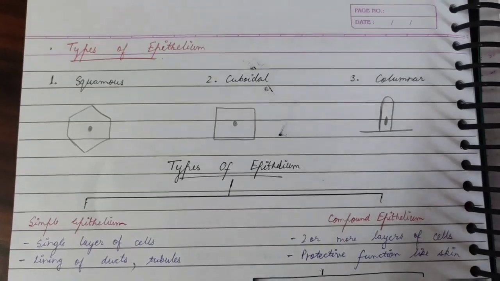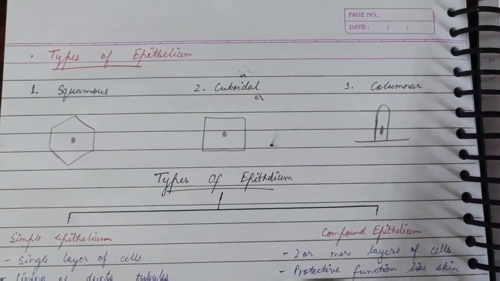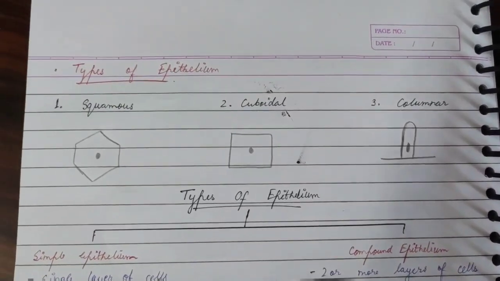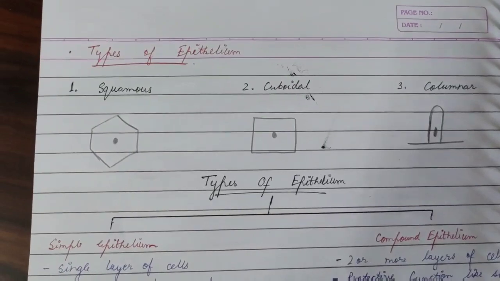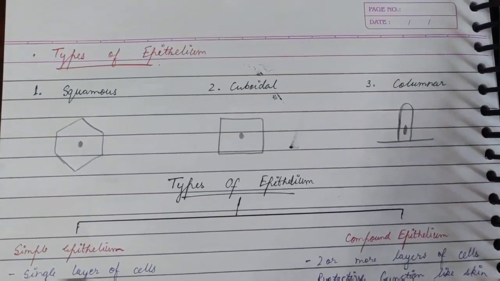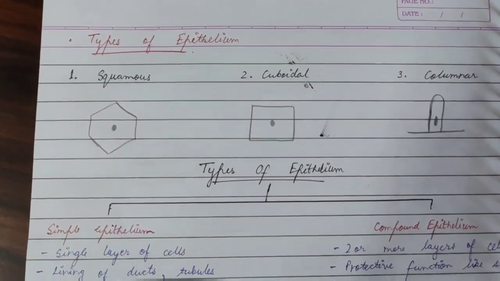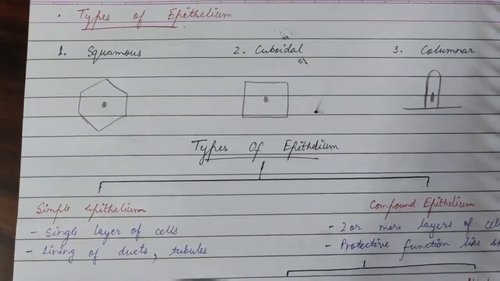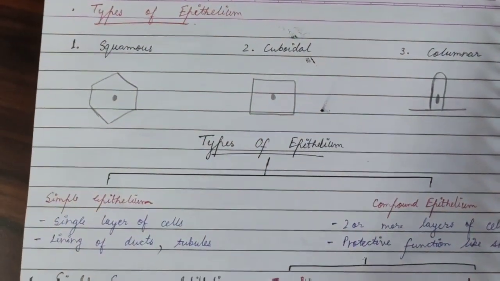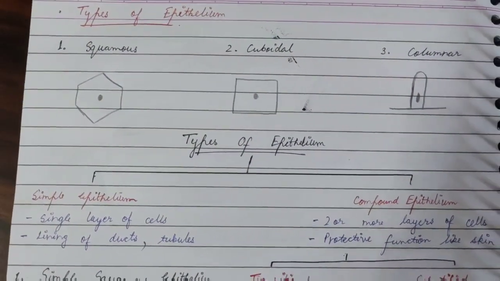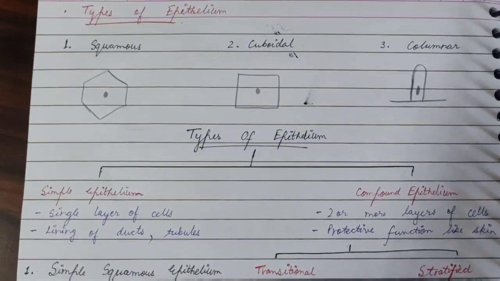Now comes the types of epithelium. Basically, you can see there are only three shapes of epithelium, not more than three. First is squamous, second is cuboidal, third is columnar. Now the types are simple epithelium and compound epithelium. Simple epithelium has a single layer of cells, and compound epithelium has two or more layers of cells.